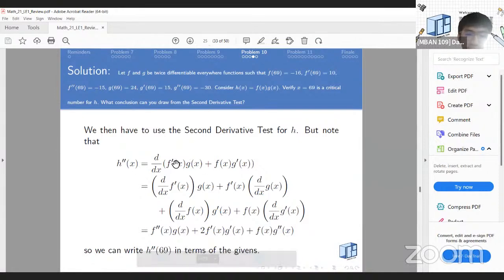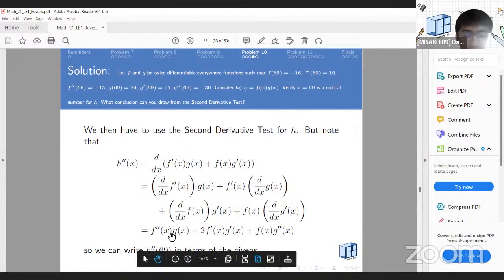So yun yung nangyari. Una, in-apply muna natin dito sa unang term, hindi over dx, tas doon sa pangalawang term. Kaya magkakaroon tayo ng apat na term dito. So ang resulta ay f double prime of x multiplied to g of x plus 2 f prime of x, g prime of x plus f of x multiplied to g double prime of x.